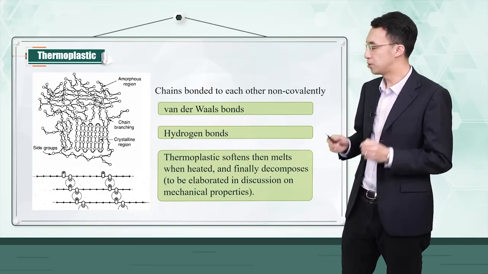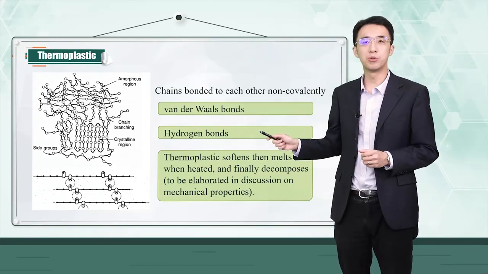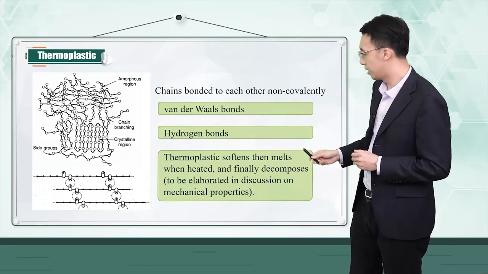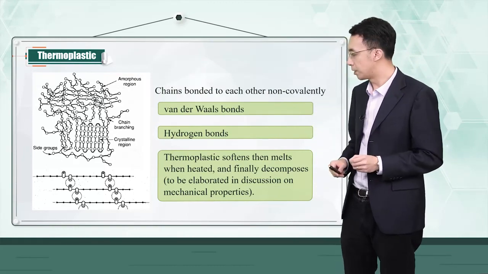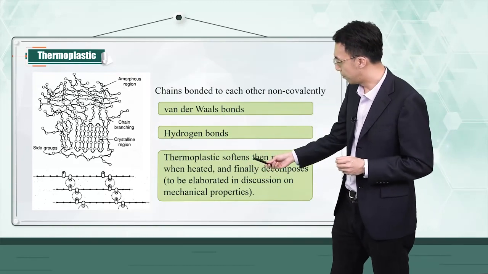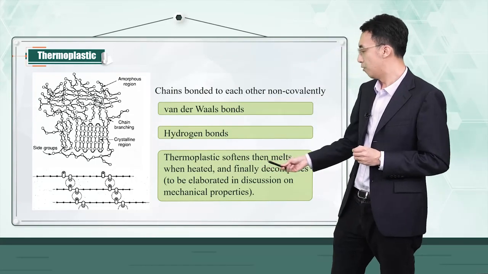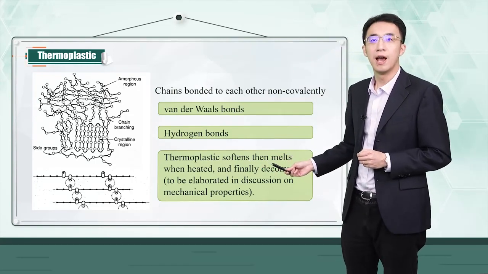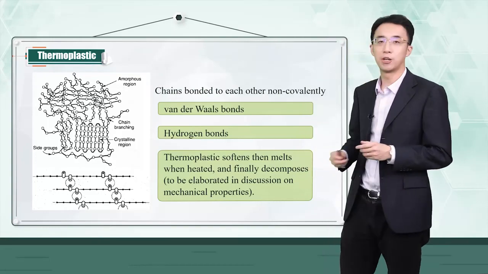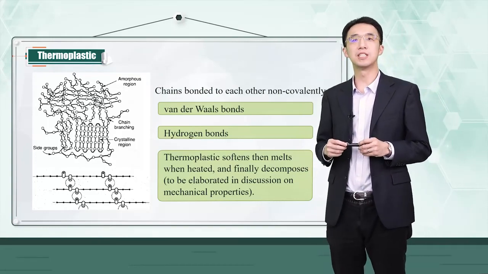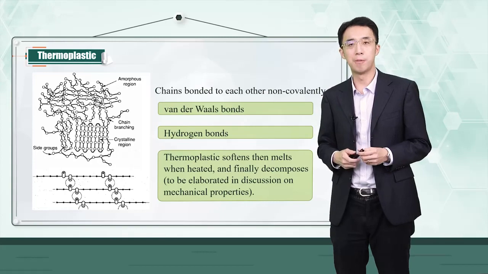The net result of this bonding nature between the chains determines the mechanical properties of thermoplastics. Particularly, thermoplastics will become soft when they are heated, and finally they will decompose. Such mechanical properties will be discussed in more detail in the mechanical property chapter.